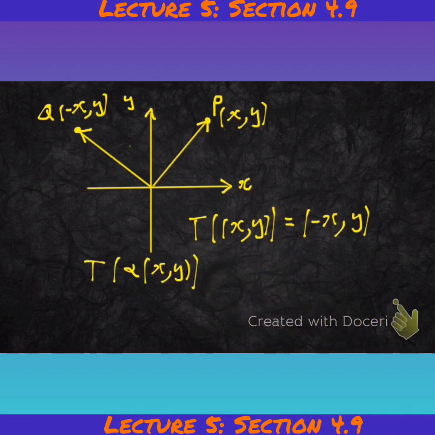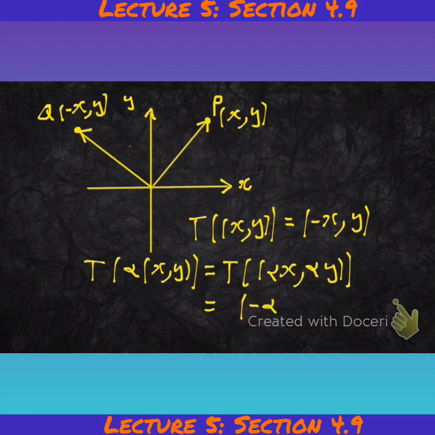Now taking T on a scalar multiple of a point x, y translates into taking T and letting that act on the vector alpha x, alpha y, and we know what the transformation does to that.